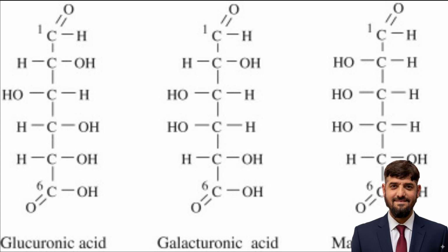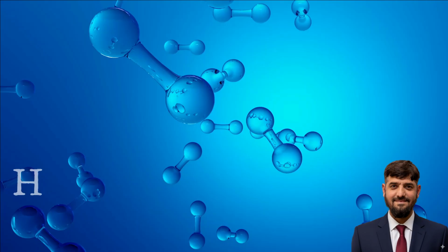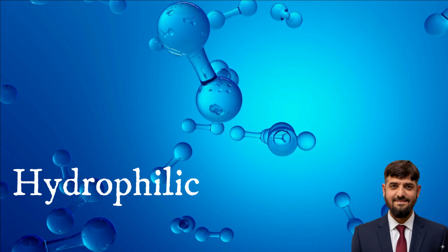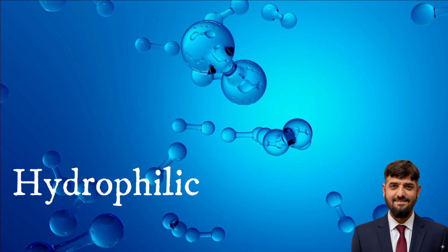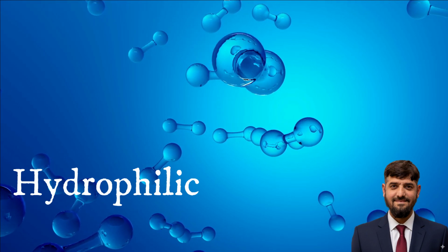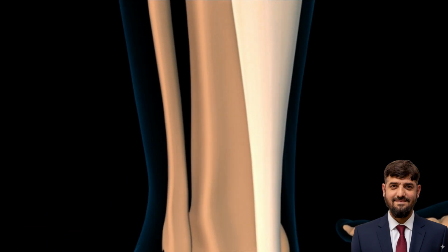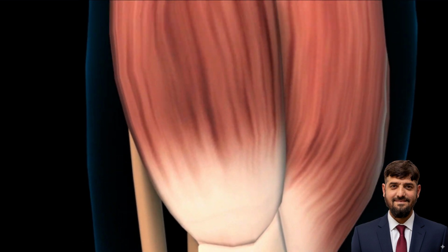Because GAGs contain multiple carboxyl and sulfate groups, they are highly negative charged. This negative charge attracts water, giving the matrix its hydrated gel-like nature. This property is extremely important because it allows connective tissue to resist compression and absorb shock.